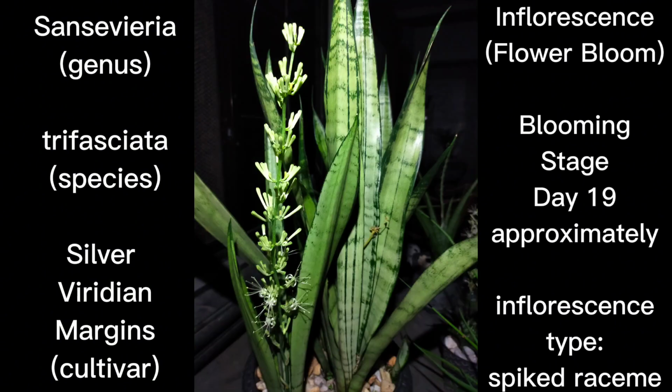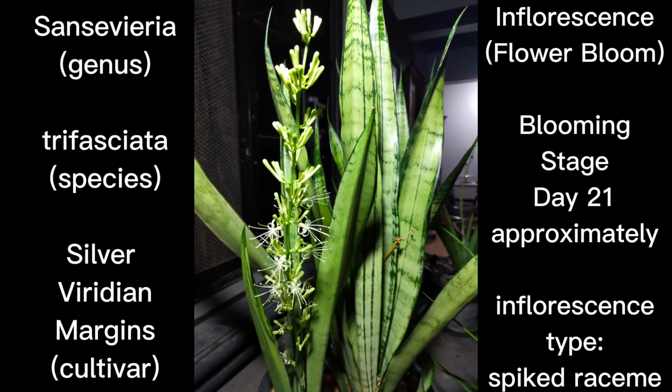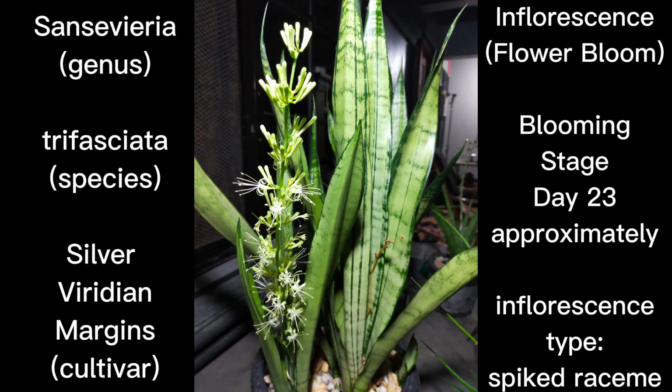Now it's day 18. The flower buds are starting to bloom. So now we are at the blooming stages, started day 18, and it takes about several days for all the flower buds to open up and to bloom. Right now it's day 23.